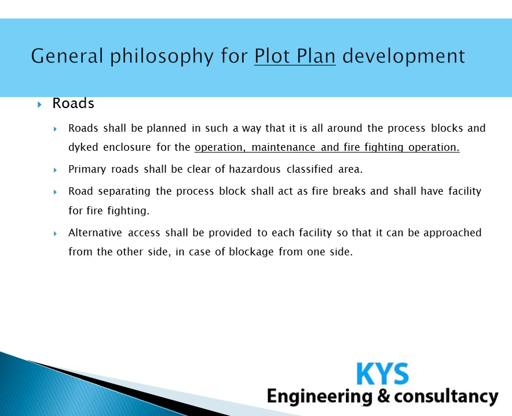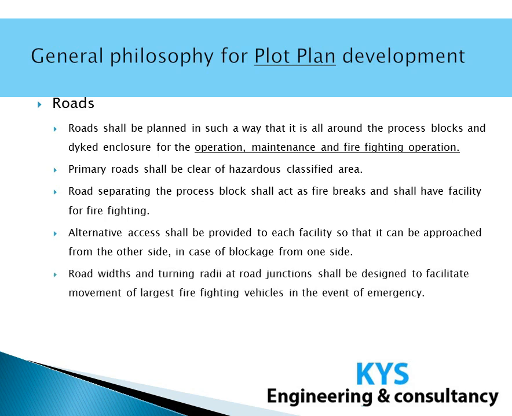We should have alternate access for each facility so that in case one side of the road is blocked, it can be reached from the other side. Road width and turning radius at road junctions shall be designed to facilitate movement of the largest firefighting vehicles in the event of emergency.